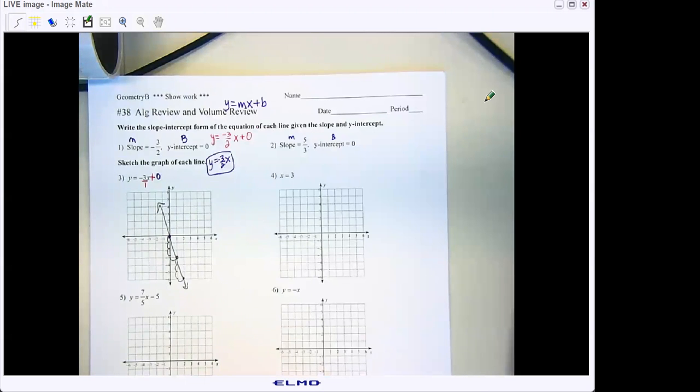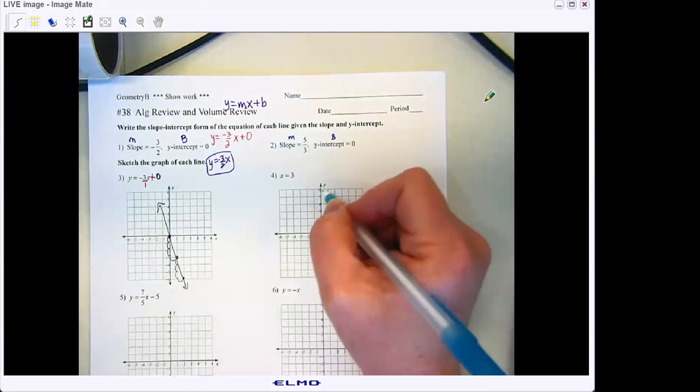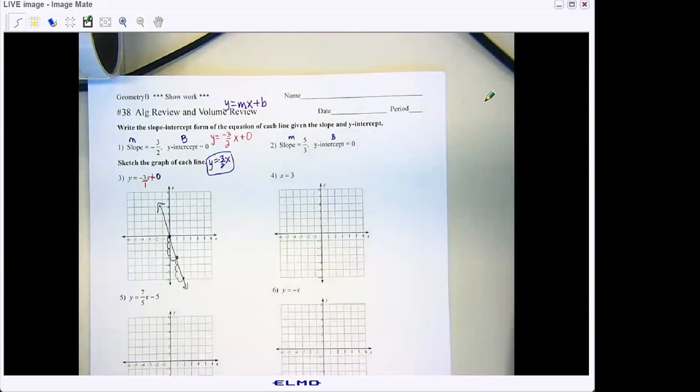Number 4, do I start on the x-axis or the y-axis? Good. So far, everybody in the chat box is correct.